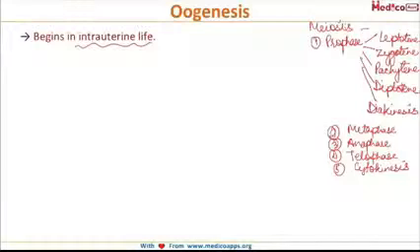Now before beginning the process of oogenesis, I would like to discuss the two types of cell division with you. The first one is mitosis. In mitosis, there is cell multiplication, but the nuclear material remains as such. Whereas in meiosis, there is reduction of the nuclear material and multiplication of the cells occur. Now meiosis has got two parts, Meiosis I and Meiosis II.